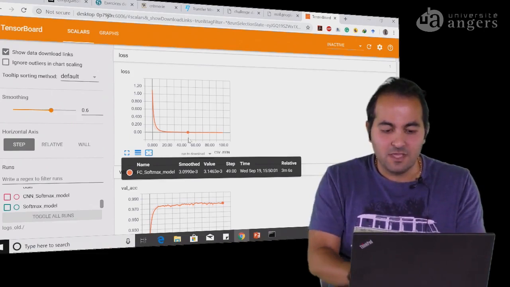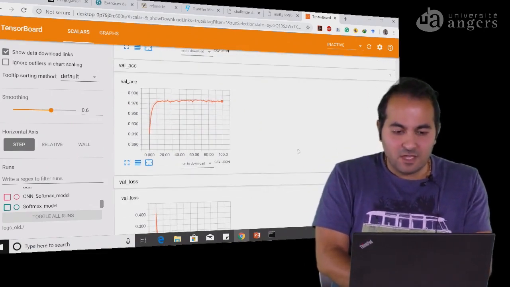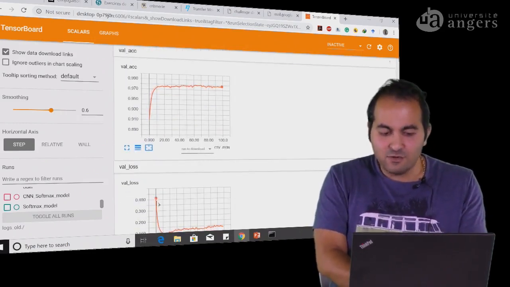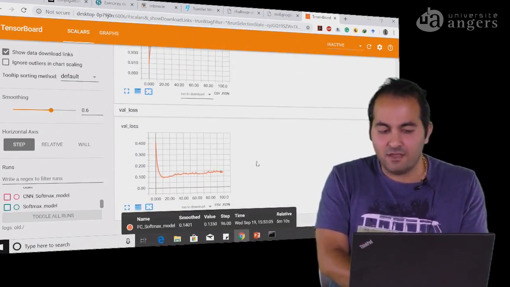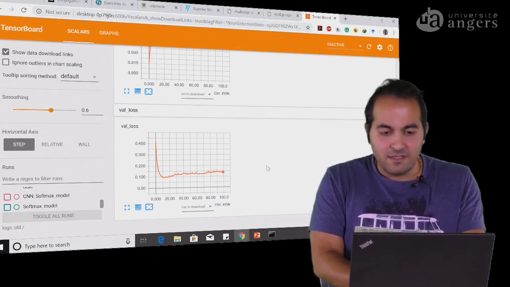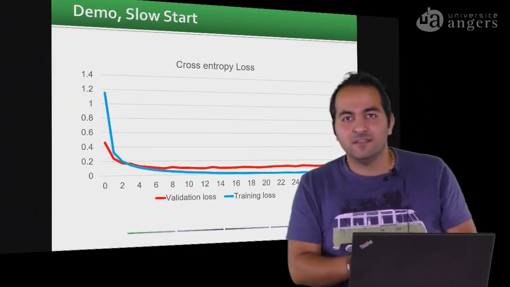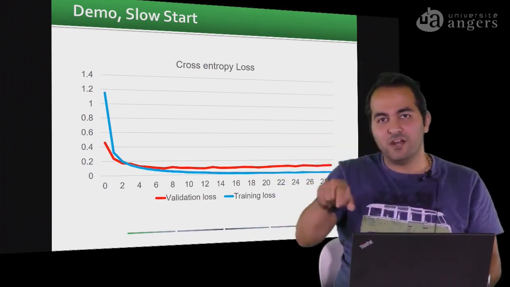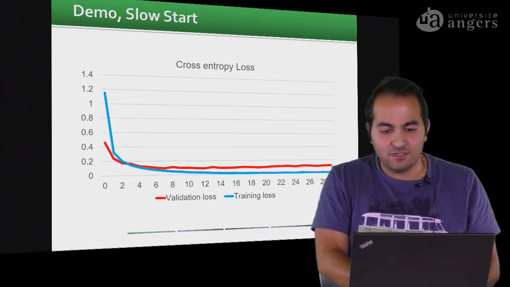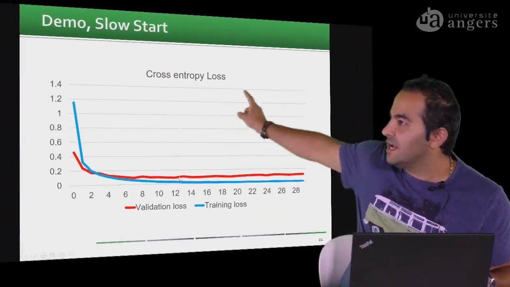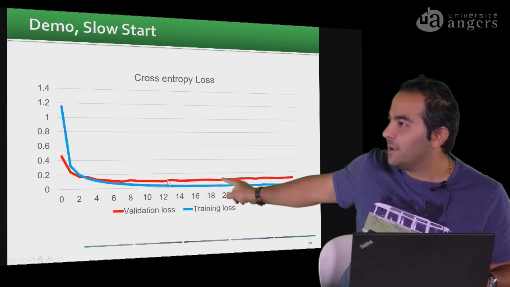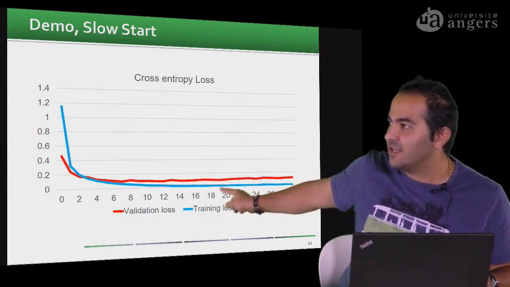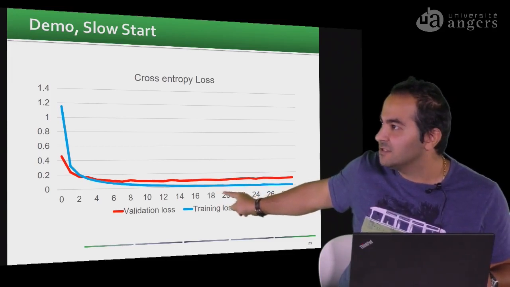If we just plot these two curves on one graph, the red one is the validation loss, and the blue one is the training loss.